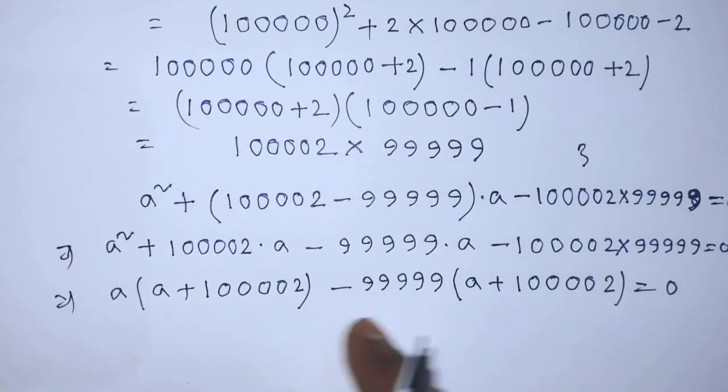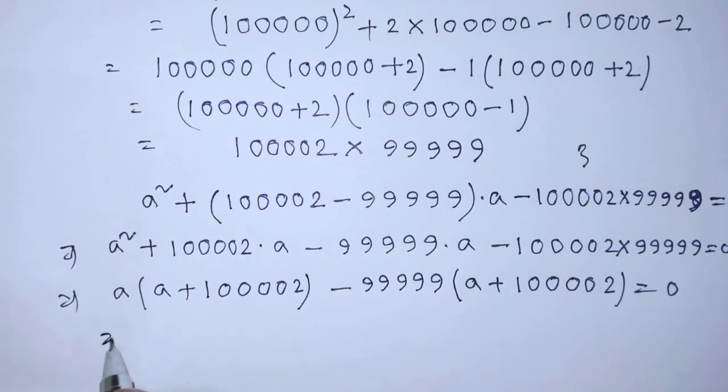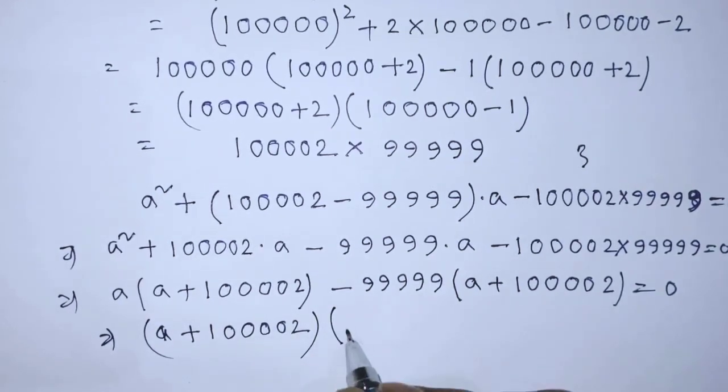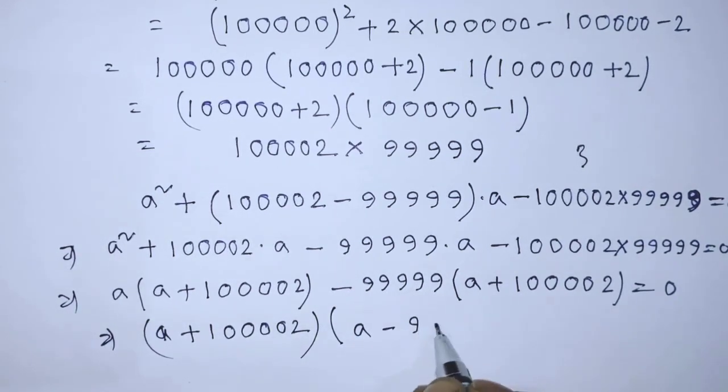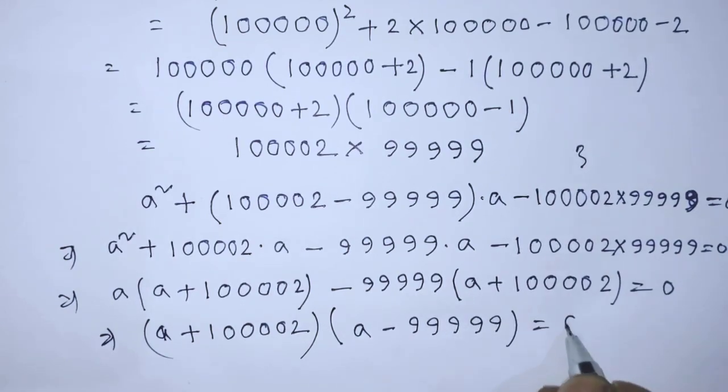In both terms the common factor is a plus 1 lakh 2. So now we can write a plus 1 lakh 2 times a minus 99,999 is equal to 0.